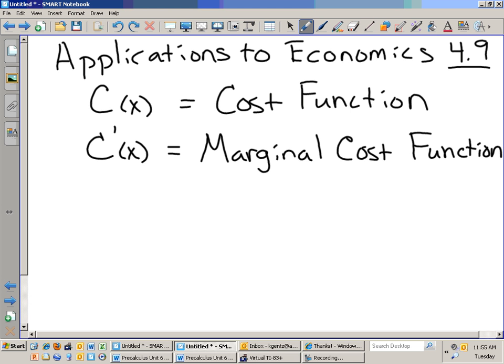Now, do you remember what it means to be a marginal cost function? Do you remember what that tells us? The cost of producing the next item. So let's write that down.